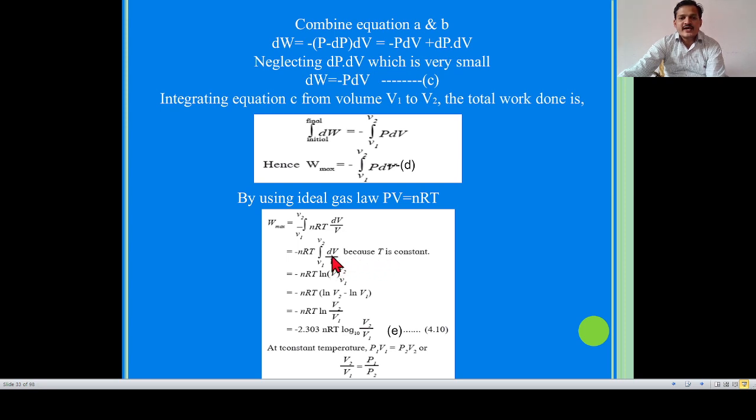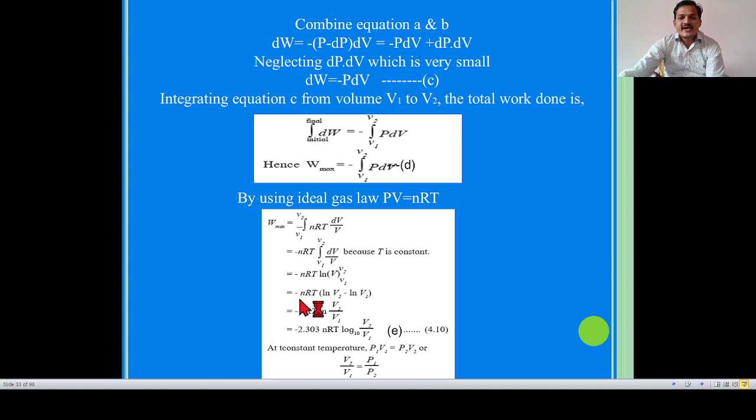Here we use rule number 2 in integration, which I think you have studied in 11th standard mathematics. Integrating dV by V is equal to natural log V between limits V1 to V2. The rule is that integrating dx by x is equal to natural log x.